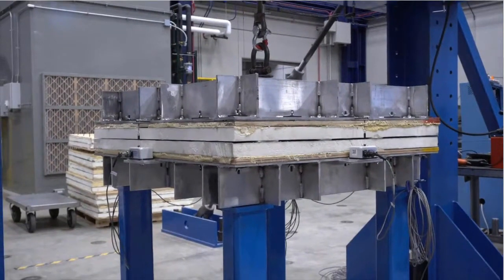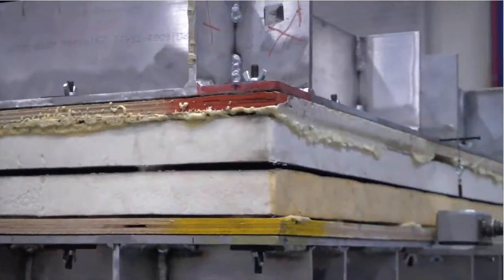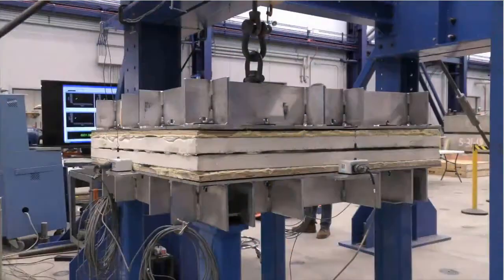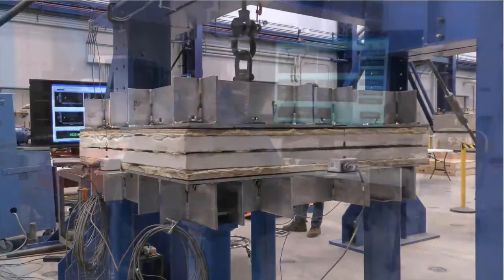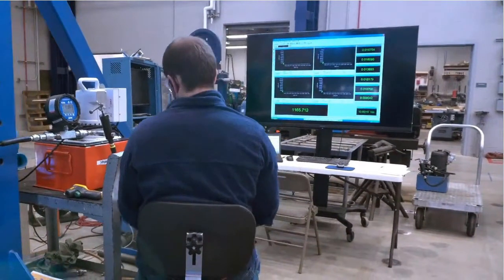Here's a video of testing in action. You can see the boards are separating at the corner a little bit, and this is the hydraulic ram being controlled. We would hold that pressure for a minute, and there's the instrumentation that we would view.